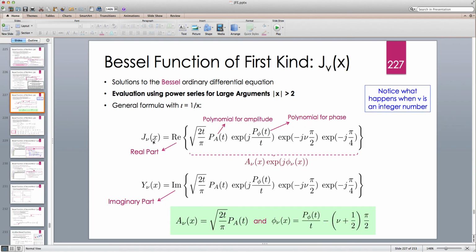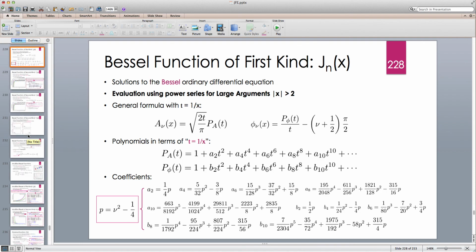Sine function for the j nu, and cosine function for j nu, because we're calculating the real part, and basically sine function for y nu, because we're calculating the imaginary part. All right, so impressively fast.